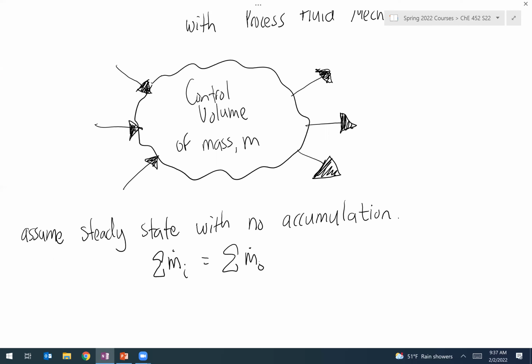A good example I would think of is a steam header. If I'm wanting to supply steam to various points in my plant, I have to ensure that the amount of steam consumption that I want to have in my plant can be matched by an appropriate steam generation. What does that mean for a facility?